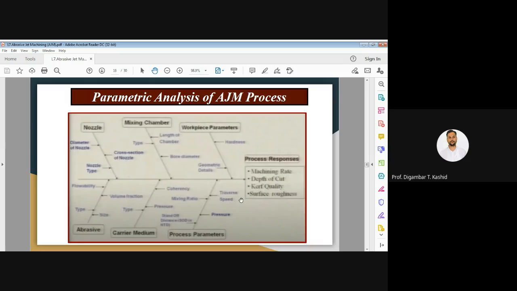Then what is the SOD, that is stand-off distance. We have already seen it in the working principle. SOD and NTD are the same, and that is a very important process parameter, which will decide the shape and the size of the cavity that we want on your workpiece.